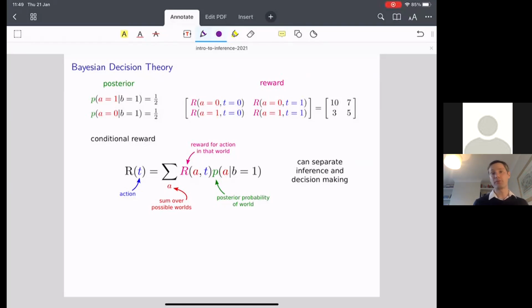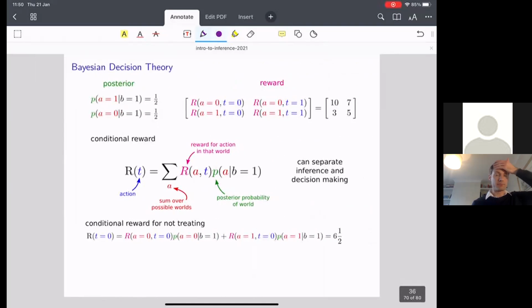And so different decision problems will have different reward matrices, but you will always be using the same posterior if you've got the same information that you're trying to attack that problem with. So you can separate inference and decision making, which is a nice property.